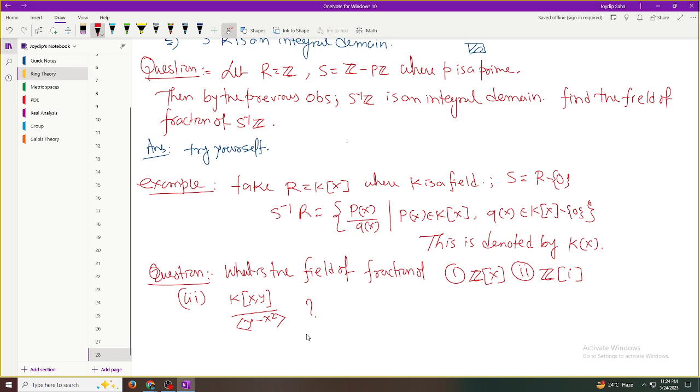Number 2, Z[i]: its field of fractions is Q(i). Now here, prove that Q[i] and Q(i) are the same.